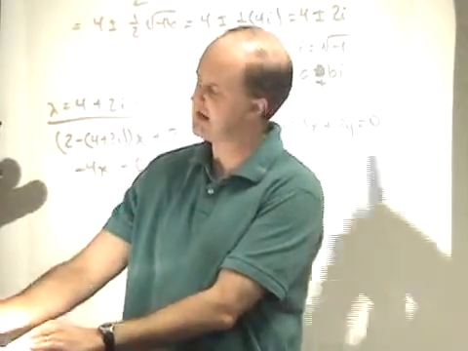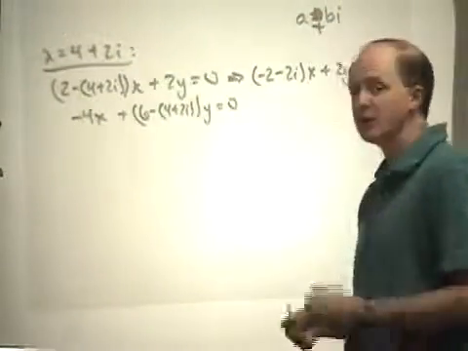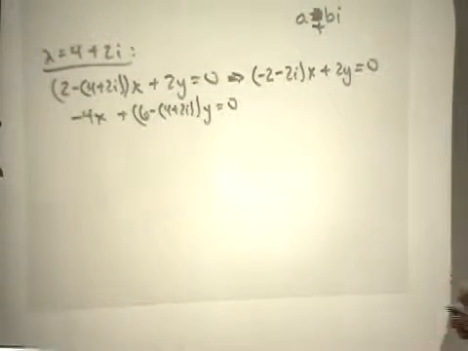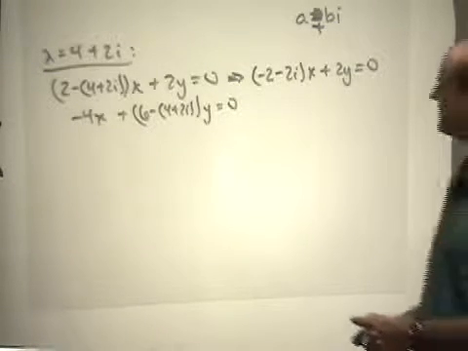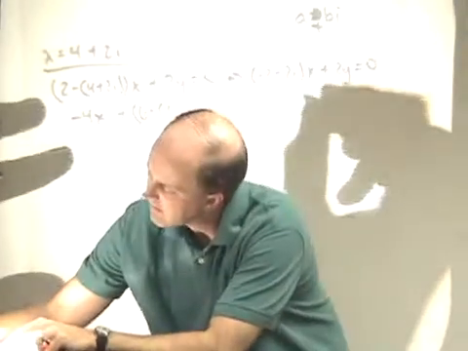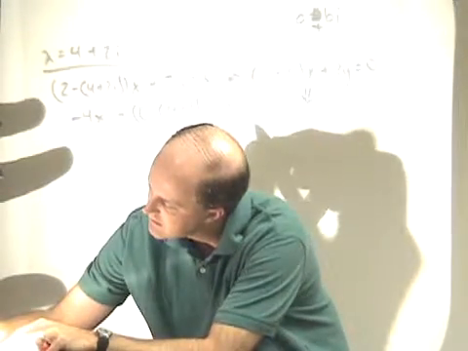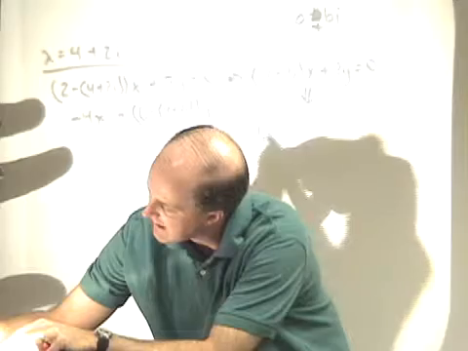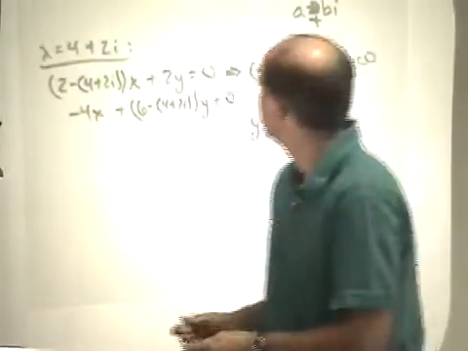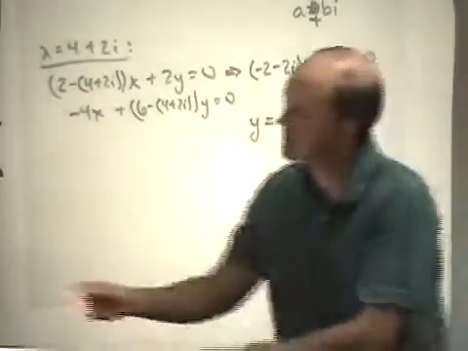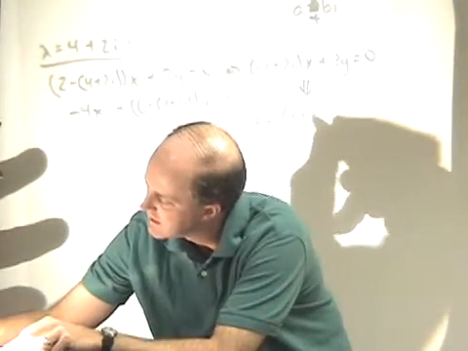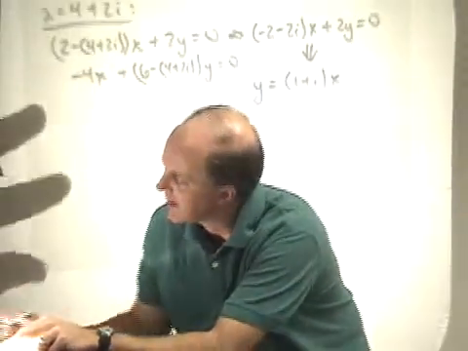Instead, I'll take that equation and do what I usually do, solve for y in terms of x or x in terms of y. It looks easier to solve for y in terms of x. Divide everything by 2 and put the (negative 1 minus i) times x on the right-hand side to get positive (1 plus i) times x.